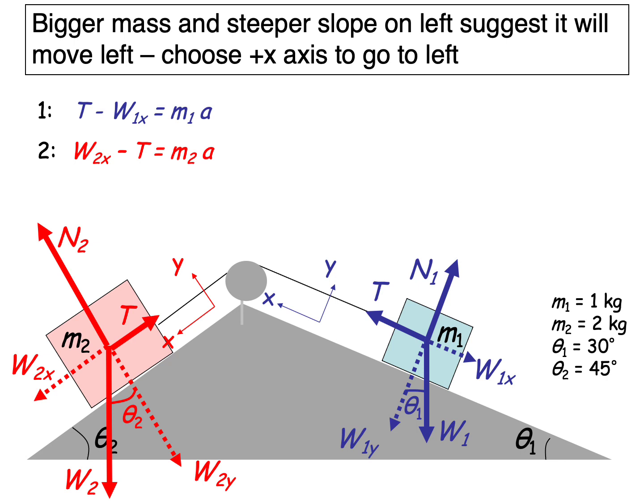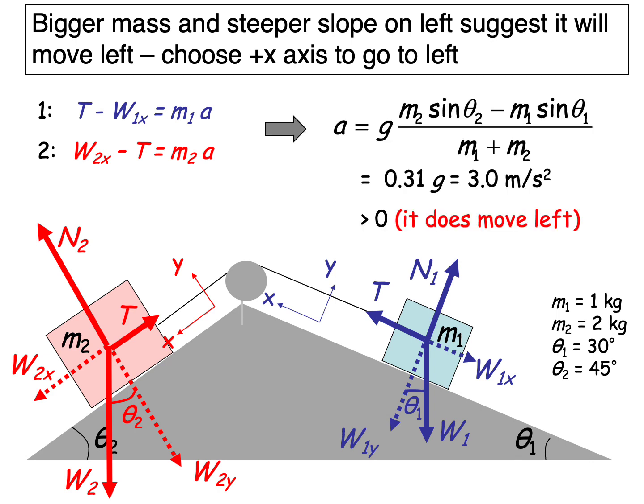So that's positive w2x minus the tension, which is going in the negative direction, equals m2a. And then we can plug in for w1x and w2x that those are equal to mg sine theta, respectively. So this would be m1g sine theta 1, and this would be m2g sine theta 2.